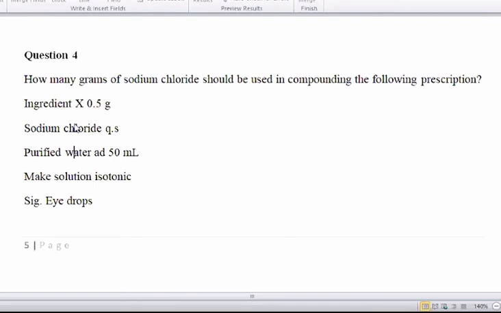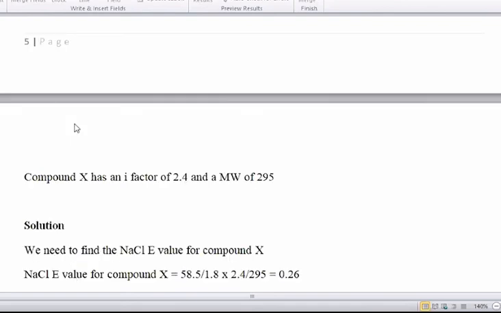Let's move on. Compound X has an I factor of 2.4 and a molecular weight of 295. In short, they're telling us that we don't know the E value for this compound. We have been given the I factor and the molecular weight. So can you find the E value for us?